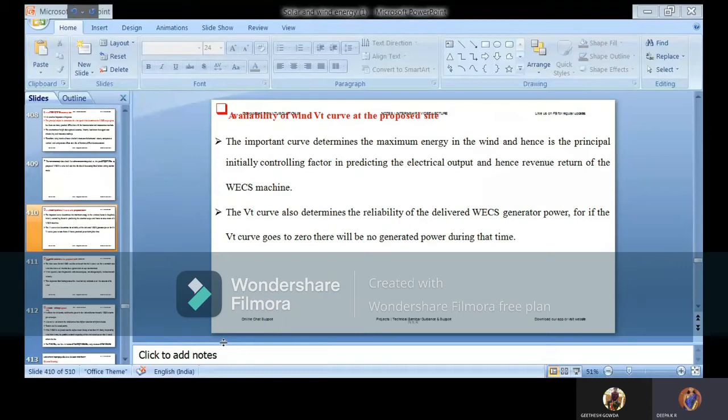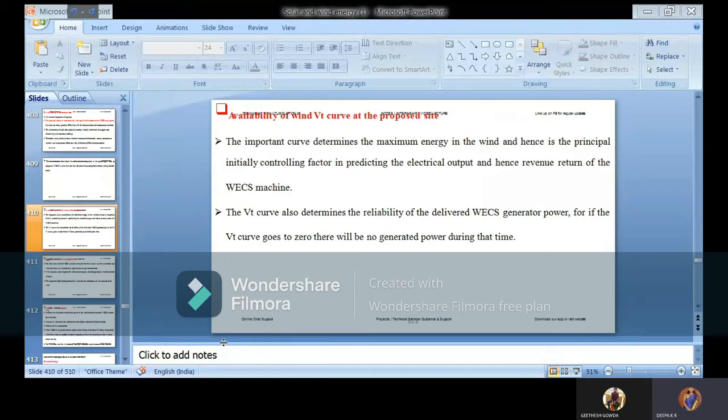Yes, we come to the part where we are going to have the electrical control. From this, it will determine the wind energy, and from that, how much electrical energy you are going to get. And from that, you specify the revenue return of your WECS machine.